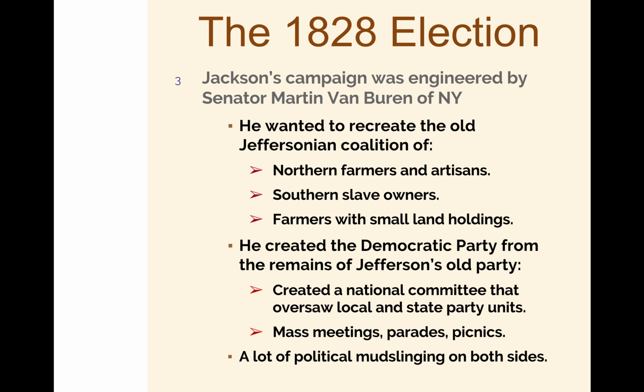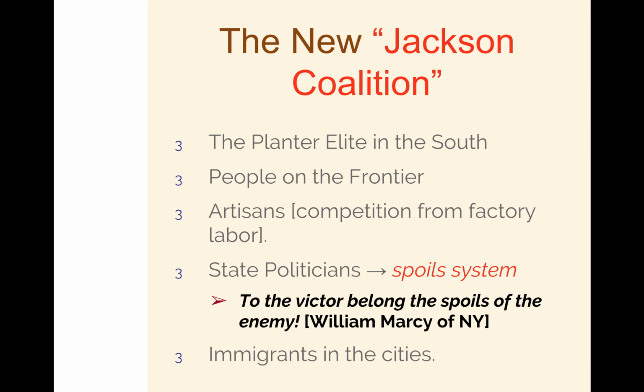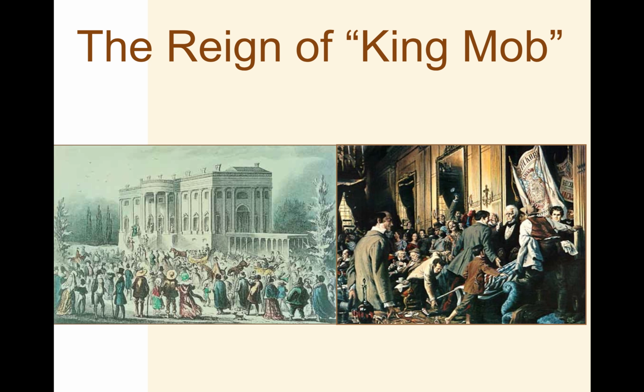But in any case, another thing that we see really stand out with Andrew Jackson's election and his supporters is that you see, in some ways, sort of early examples of populism, right? There were mass rallies and picnics and parades that were held in support of Andrew Jackson when he was running. When he was inaugurated, there was a fear that a mob would descend on Washington, which we can see here, right?